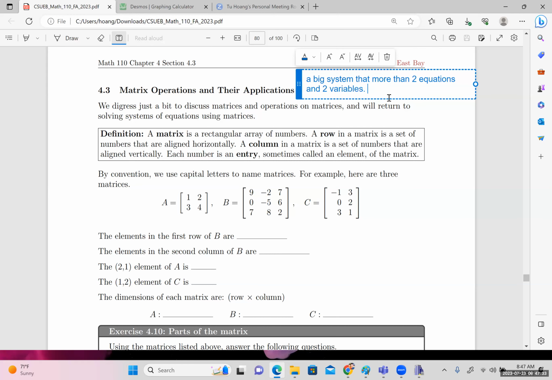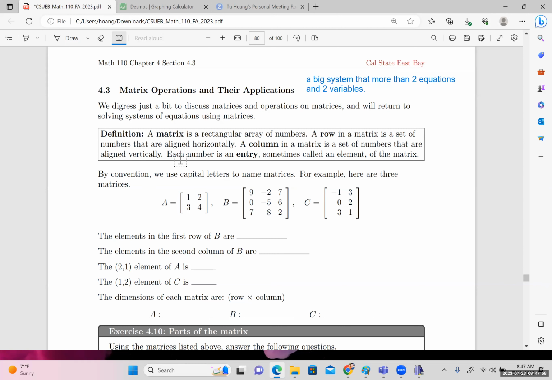For two equations and two variables, substitution and elimination still apply and are still really great. But if you have four equations and four variables, using substitution, elimination, or something like that will be a real challenge. So I would like to come up with matrix operations and applications.